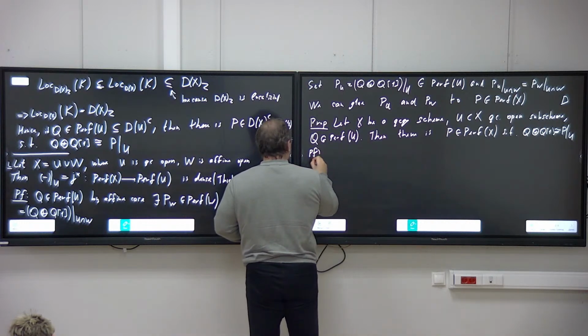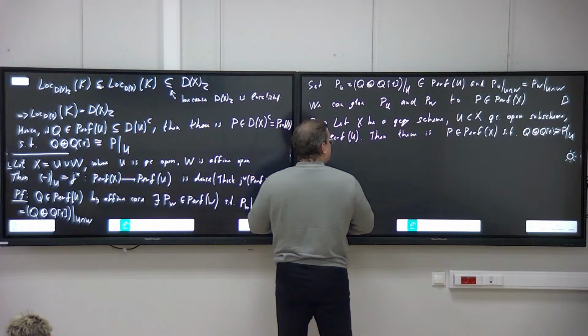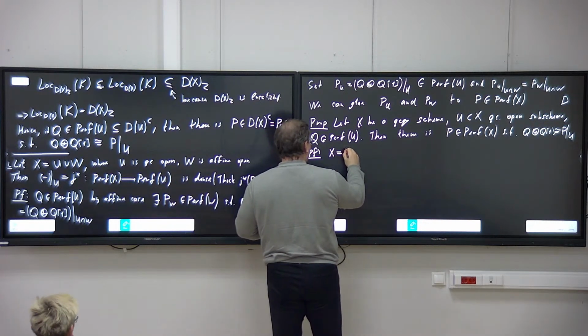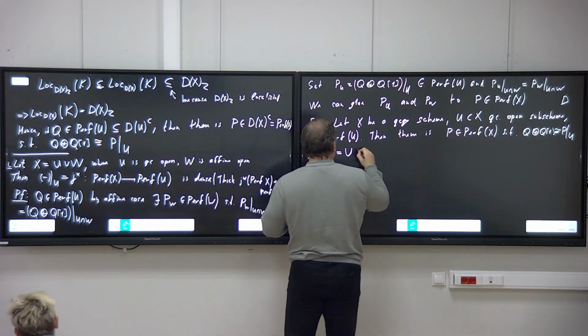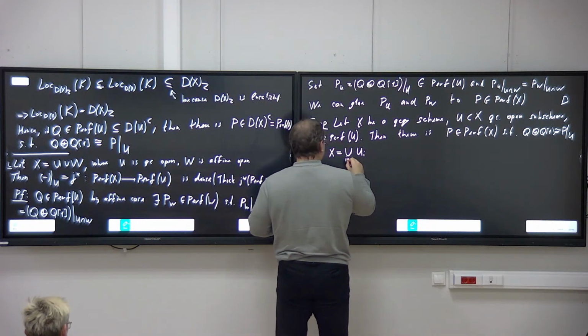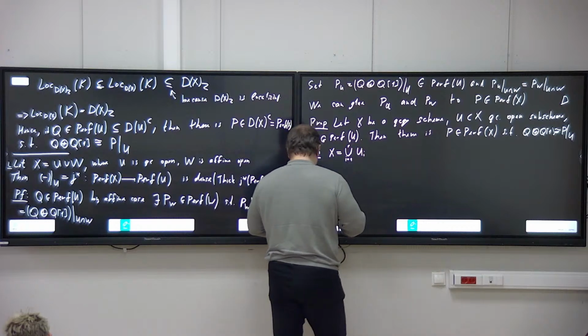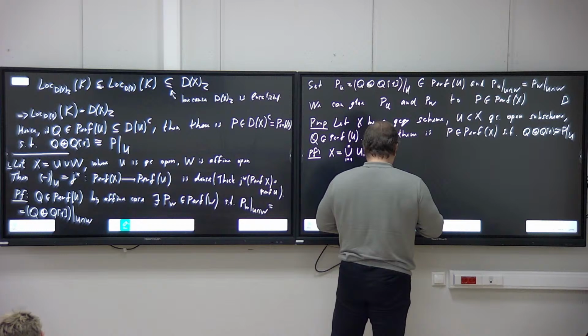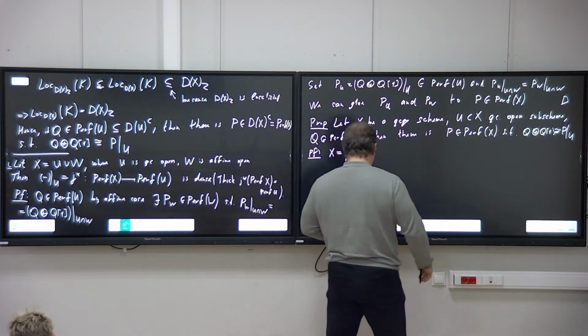So the proof. Since X is quasi-compact, I can write it as a finite union of affine opens, U_i, i from 1 to N. And then I have the following sequence of functors.